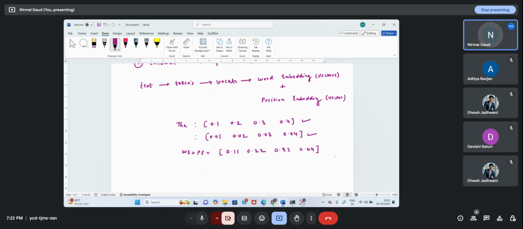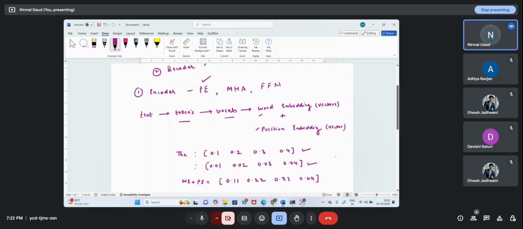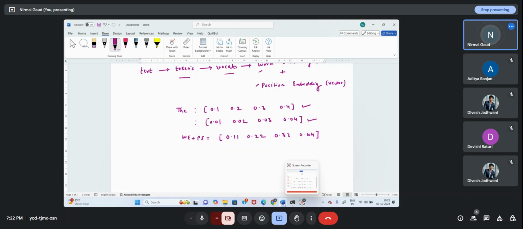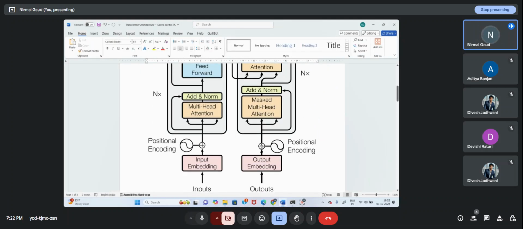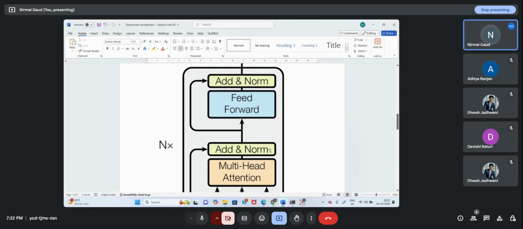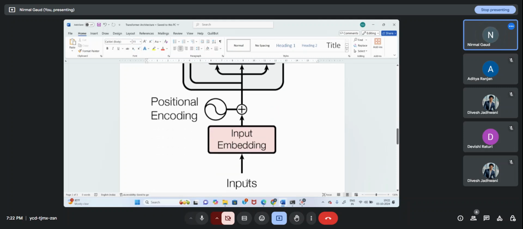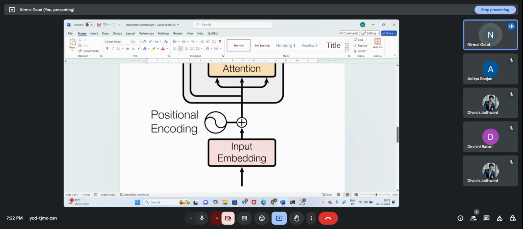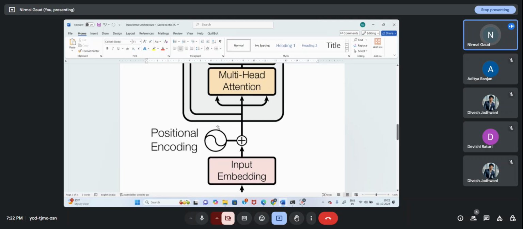So for every token, vocab, whatever you want to say, these two are done and added. Your step number one is over for the encoder. Okay, right now I am dealing with only encoder block. So input embedding, addition of positional embedding, over.